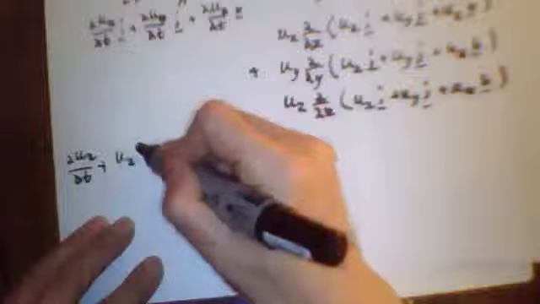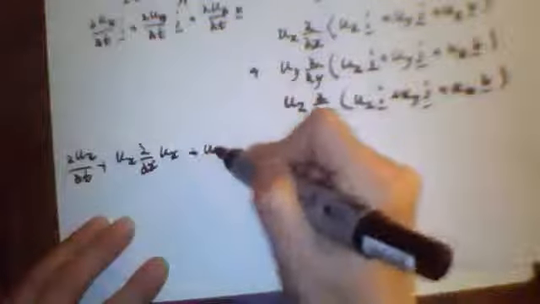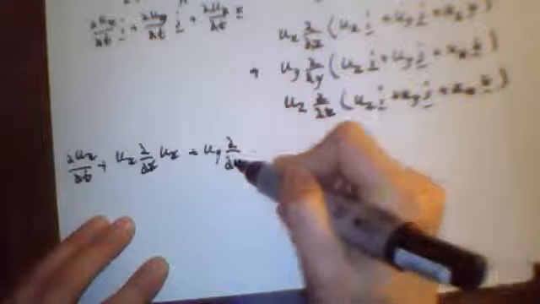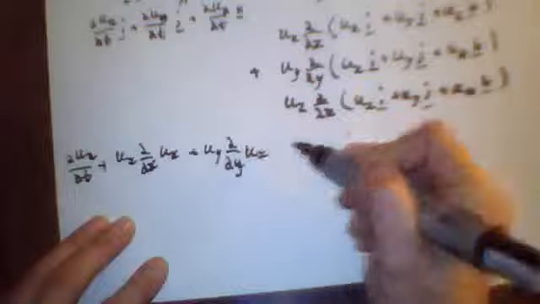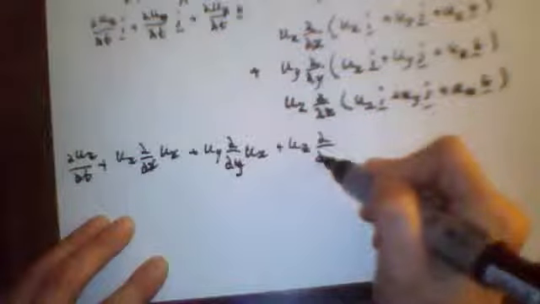And the i bit from here, ux, and then the i bit from here, uy gradient of ux, and the i bit from here, uz, z of ux, and all of that is the i component.